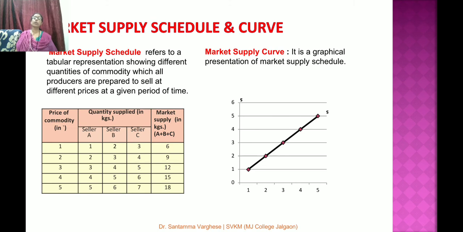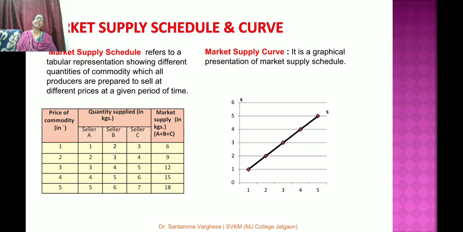In the schedule, you can see the price of the commodity 1, 2, 3, 4, 5, and the quantity supplied by 3 sellers, seller A, seller B and seller C. And at the end you can see the total supply, that is A plus B plus C. Here I have taken the same individual schedule: 1, 2, 3, 4, 5 for seller A, 2, 3, 4, 5, 6 for seller B, 3, 4, 5, 6, 7 for seller C. This shows that while the price increases, all the sellers in the market sell more.